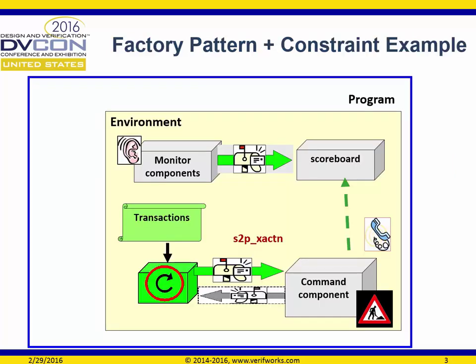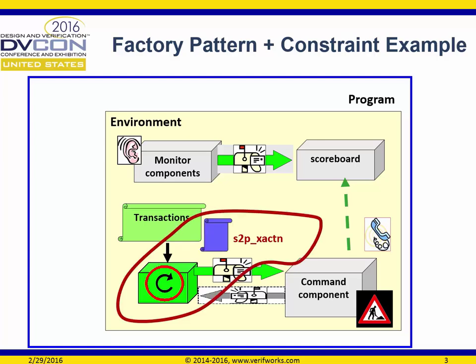After the environment is completely constructed and the test is running, a number of transactions of type S2P transaction are fed in through a driver into a component. The component is under construction. The monitor observes what is happening, and the results are then fed to a scoreboard.